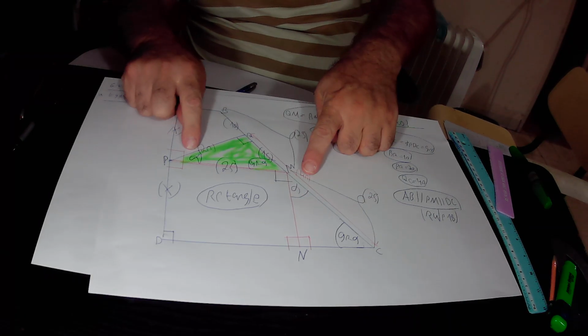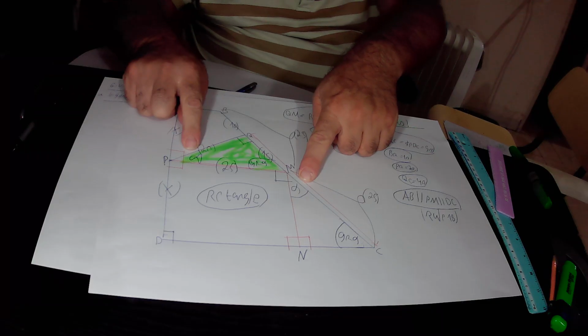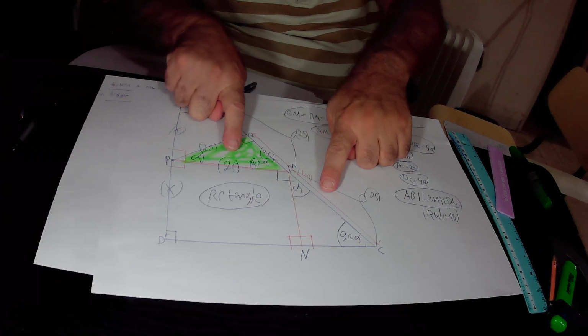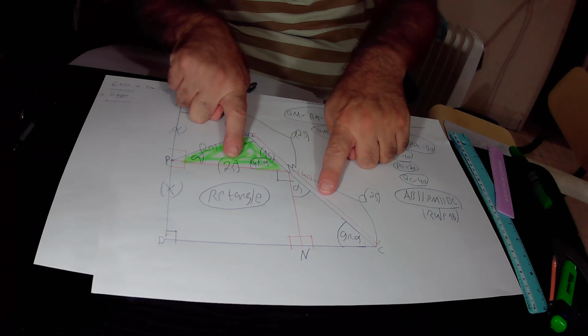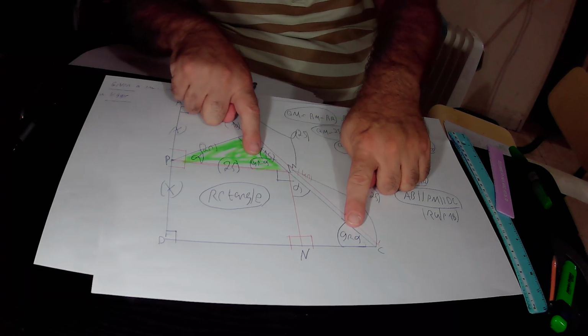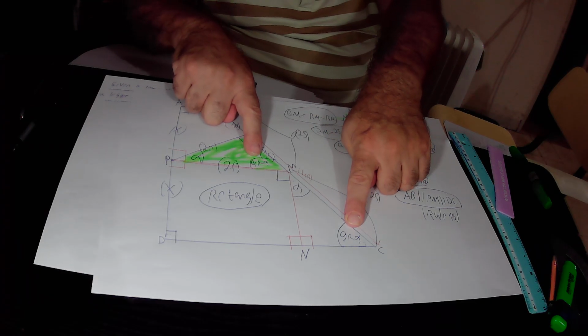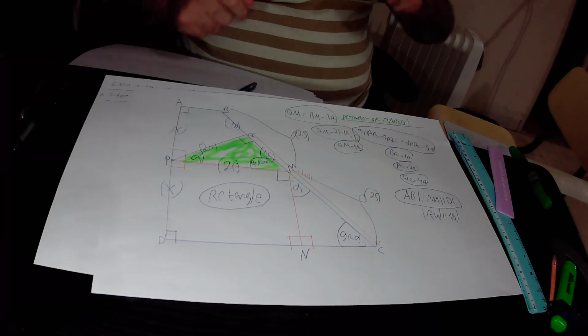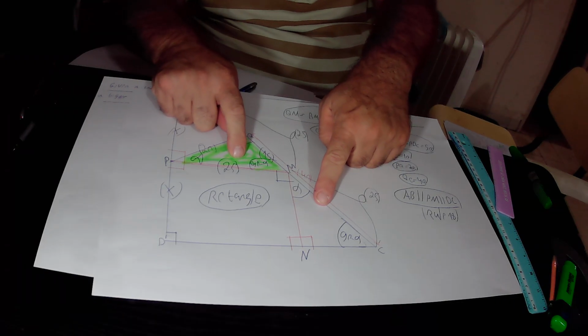First of all, those two angles are both equal to alpha, and therefore they are equal to each other. In addition, those are the two hypotenuses of those two right triangles. They are both equal to 25, and therefore they are equal to each other. And finally, those two angles are both equal to 90 degrees minus alpha, and therefore they are equal to each other.